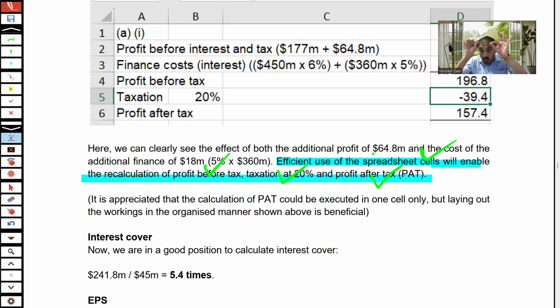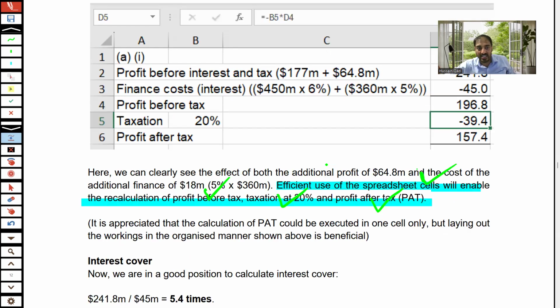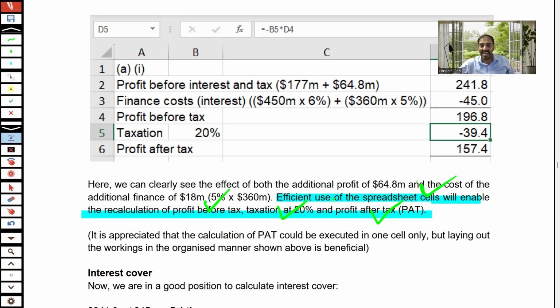Don't do this. It's highly not recommended. For example, if you calculate this finance cost, minus 45, you just do this minus 45 with your calculator and put the figure on the spreadsheet.